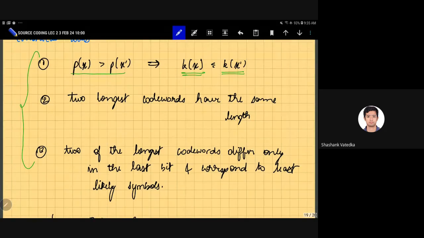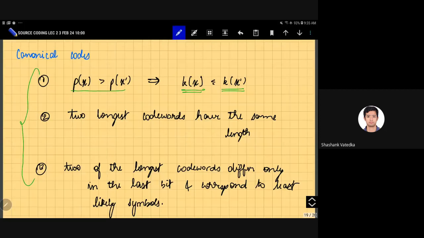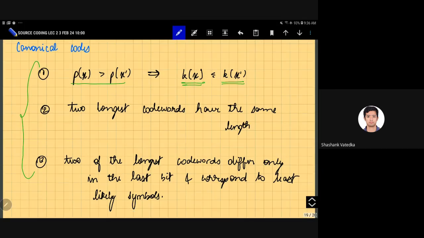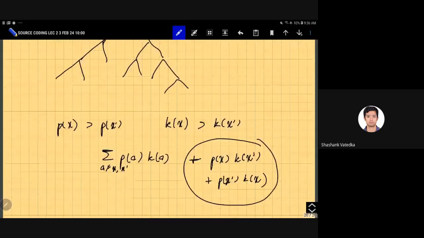All right. So do all optimal codes have to satisfy property 2? Think of this in terms of the code word tree.